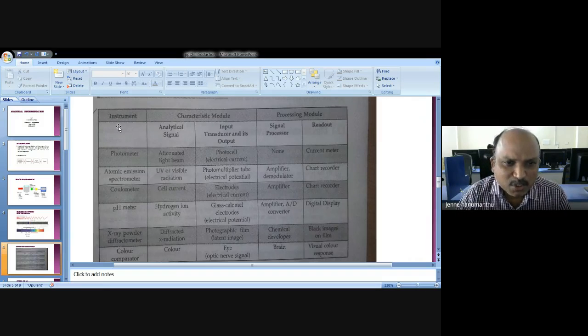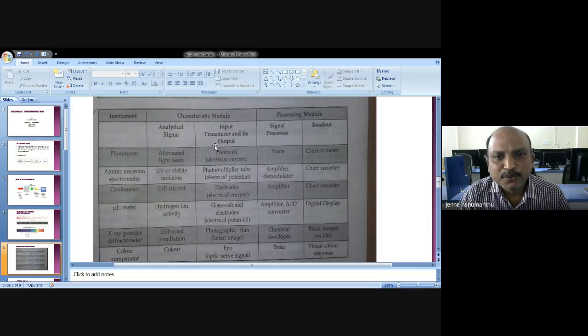See, these are roughly the instruments available, and this is the characteristics model: the analytical signal, input transducer and outputs, and this is the processing model. Say, for example, a photometer. A photometer is an instrument that will analyze attenuation of the light beam. In the photometer, it will analyze the light signal.